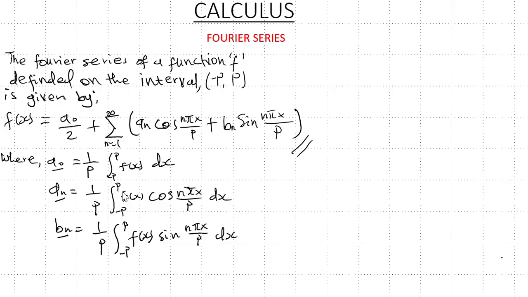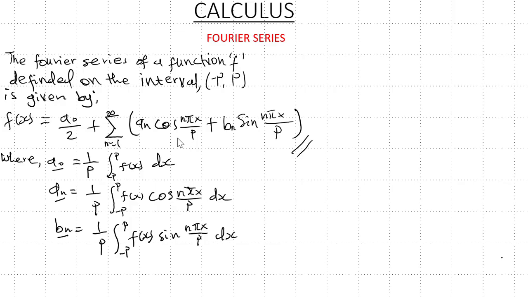Based on the question given, you use the classical formulas to find a naught, a subscript n, and b subscript n. Then after getting them, you plug them into the general formula, and then you are good to go.